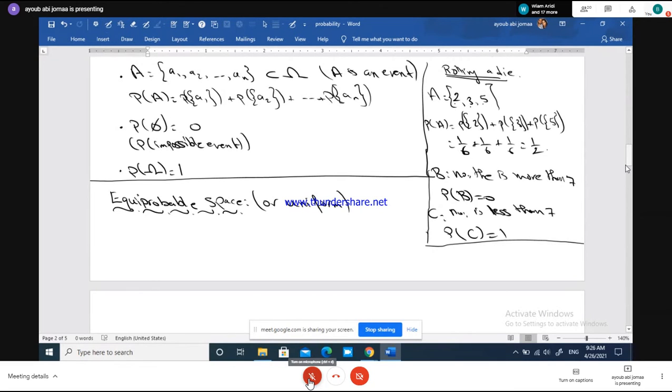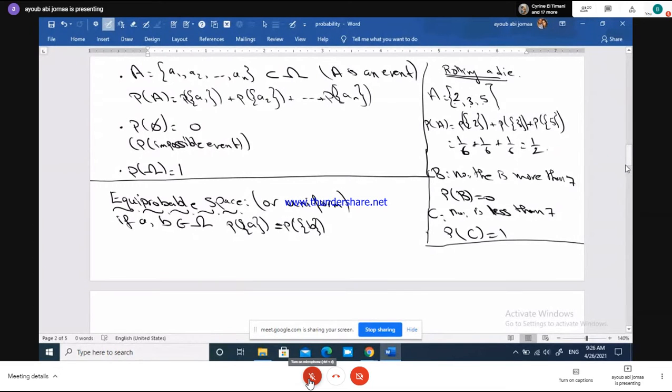Let's say if A and B are two outcomes in the sample space, the probability of A will be equal to the probability of B. Two outcomes have the same probability to occur, the same chance to occur.